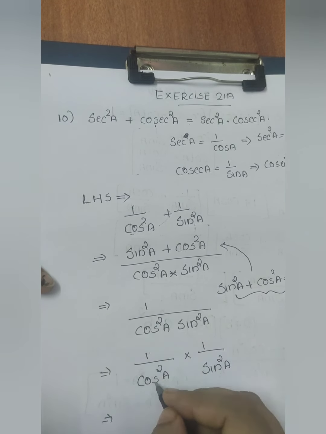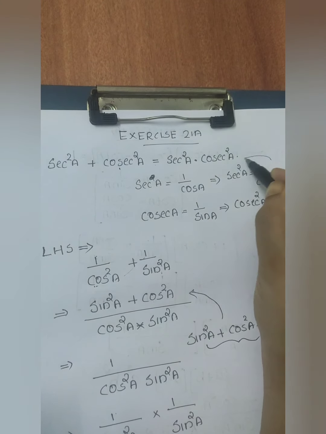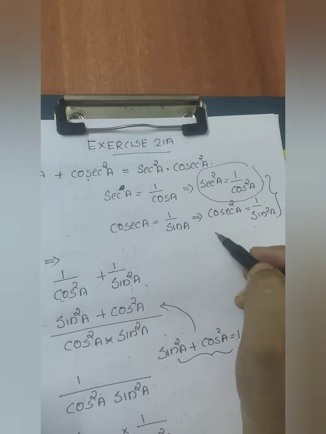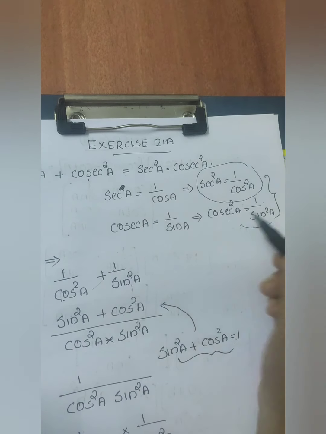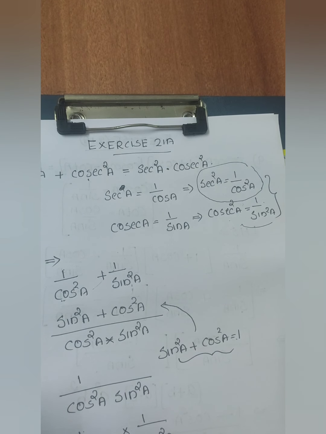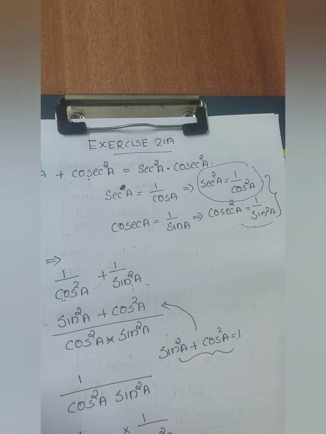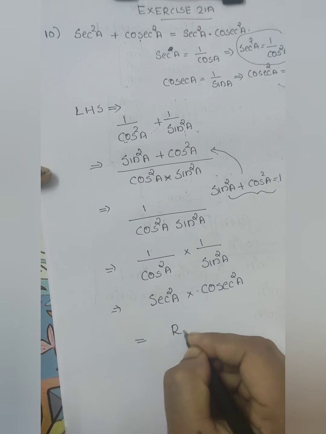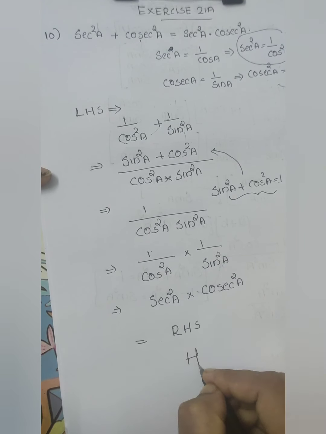Now, 1 by cos square a is equal to sec square a. So, we can write here sec square a into 1 by sin square a. Here 1 by sin square a equals cosec square a. So, we can write instead of 1 by sin square a, cosec square a, which is equal to the RHS. Hence, proved.